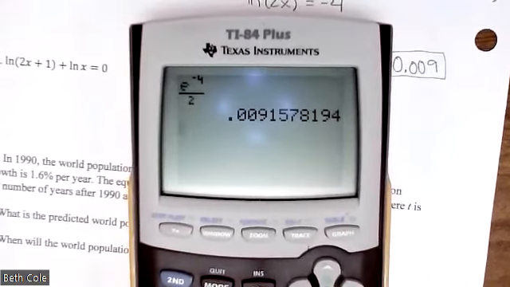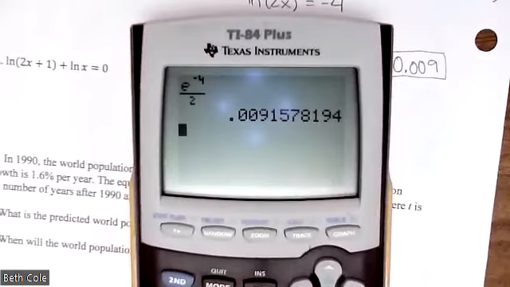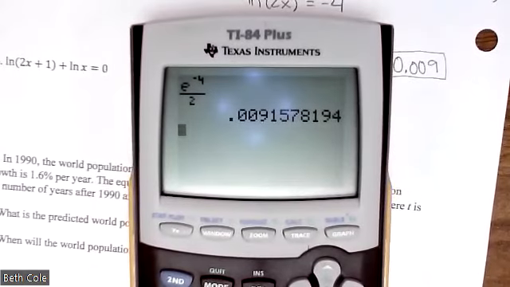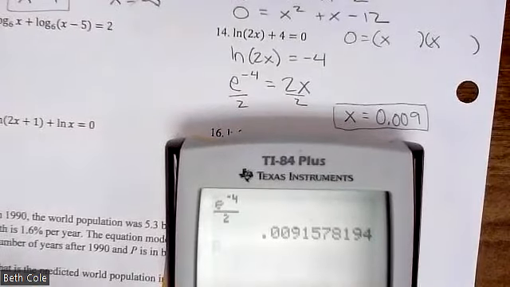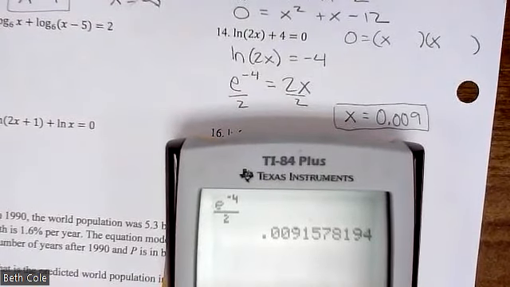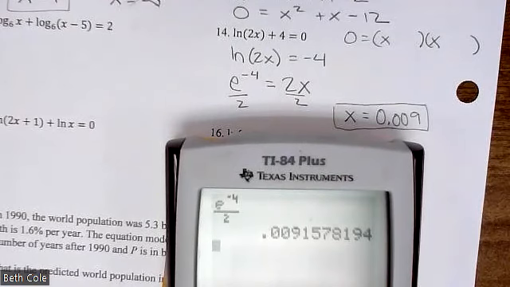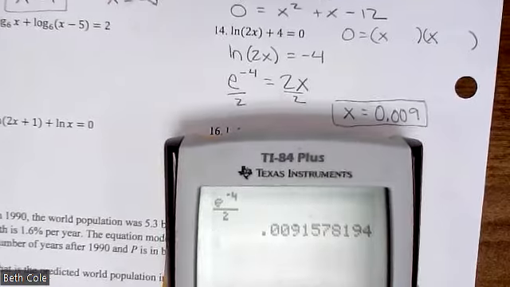It is always negative signs. Always. I know. Are we all okay now? It's decimal point 009. Are we all okay?